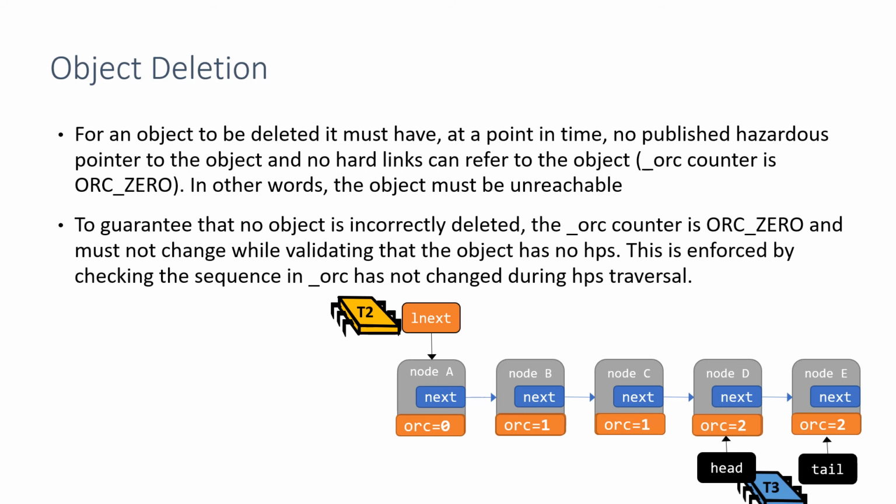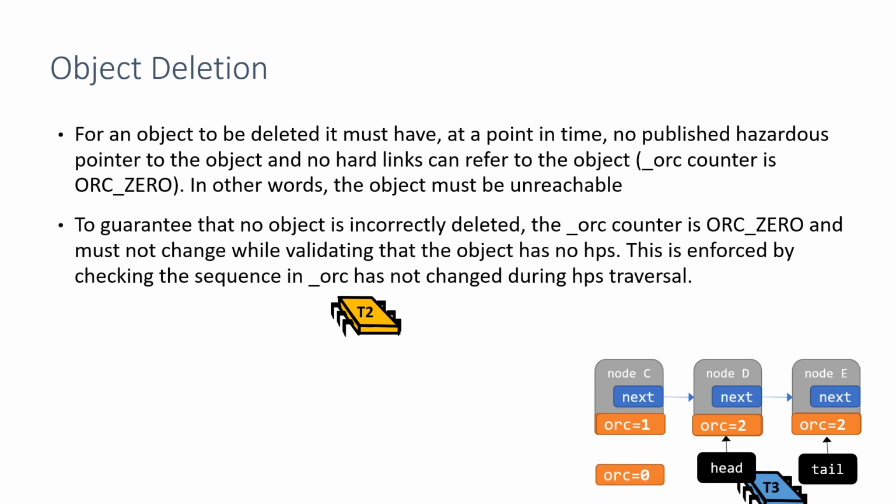Once this is validated, then node A can be deleted, and when the deletion is called, it will call the destructor of A, that in turn will remove the hard link to B, that will cause the orc of B to reach 0, that then will be retired, and so on. This could cause a stack overflow.